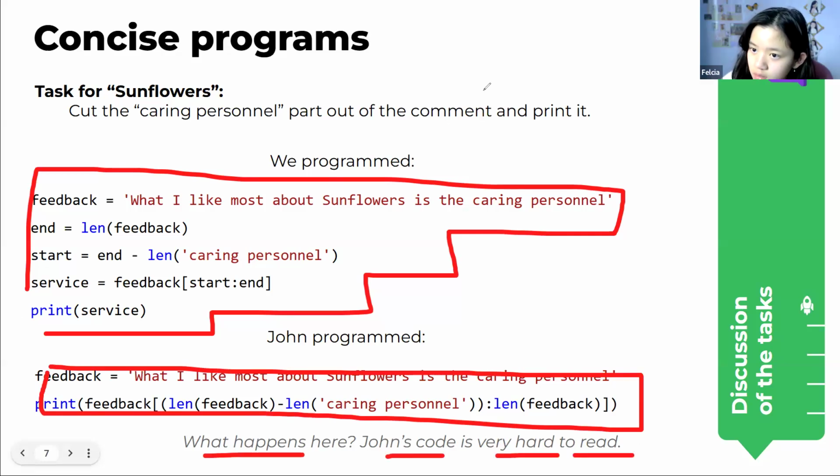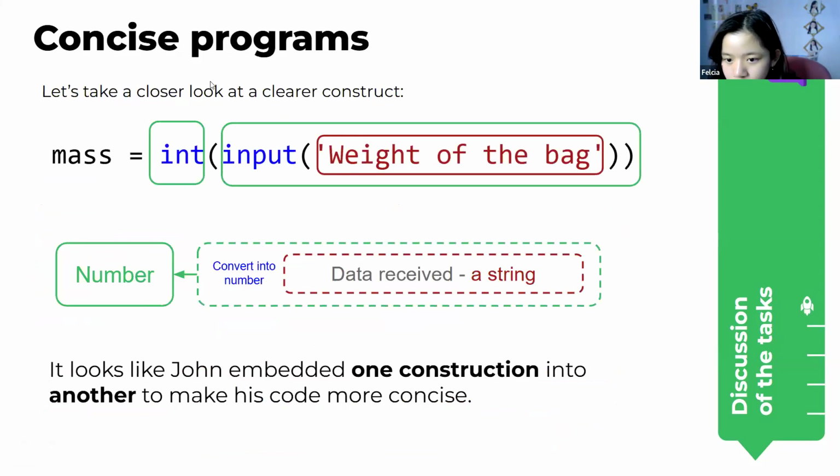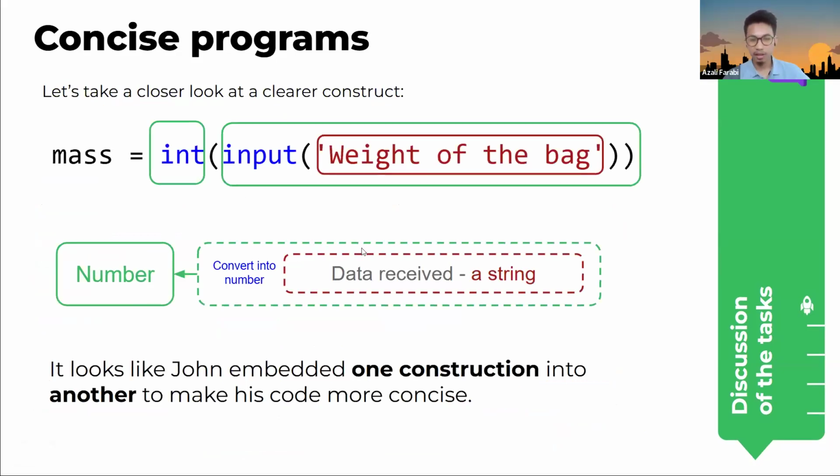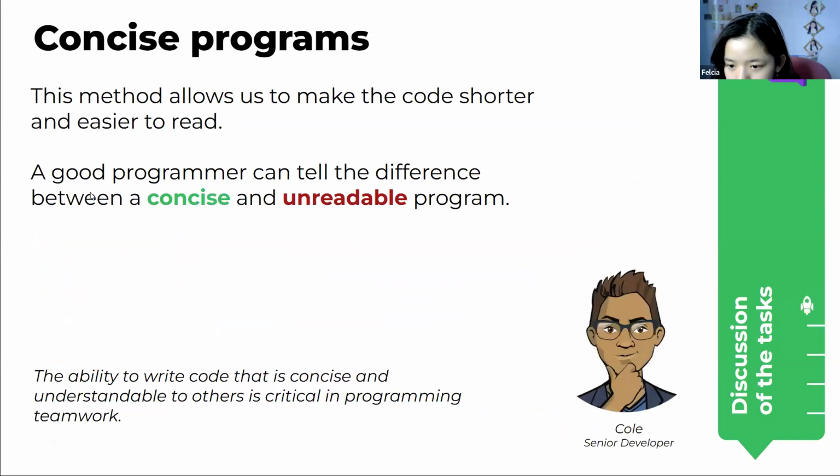It means that it's not just about concise code, but you also need to consider the readability of your code. And this is a kind of suggestion for you: a good programmer can tell the difference between a concise and an unreadable program.